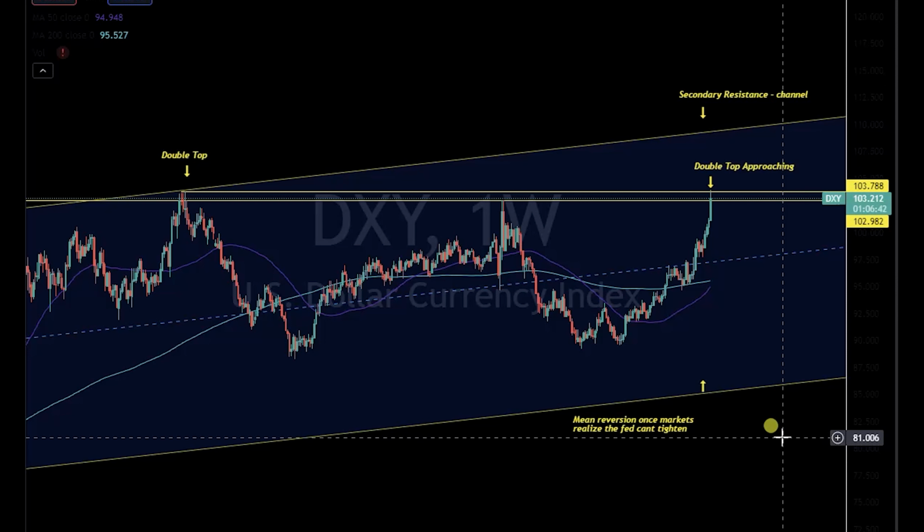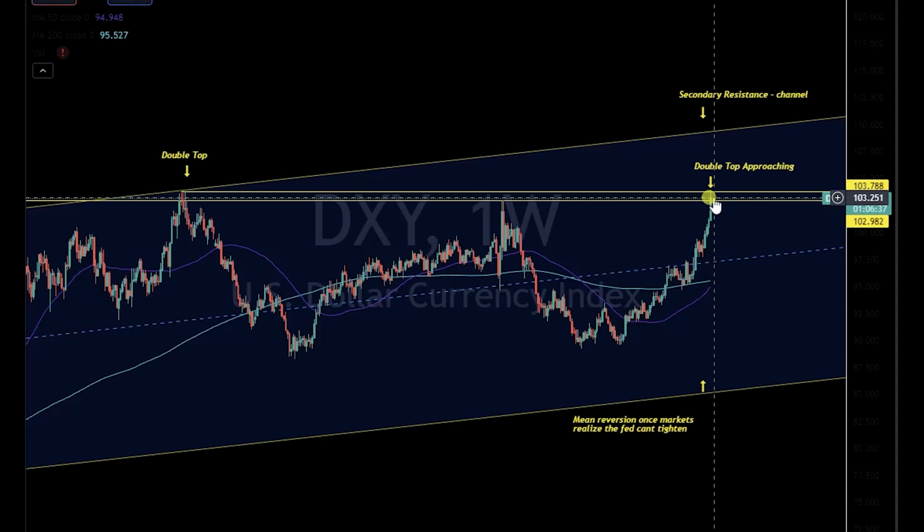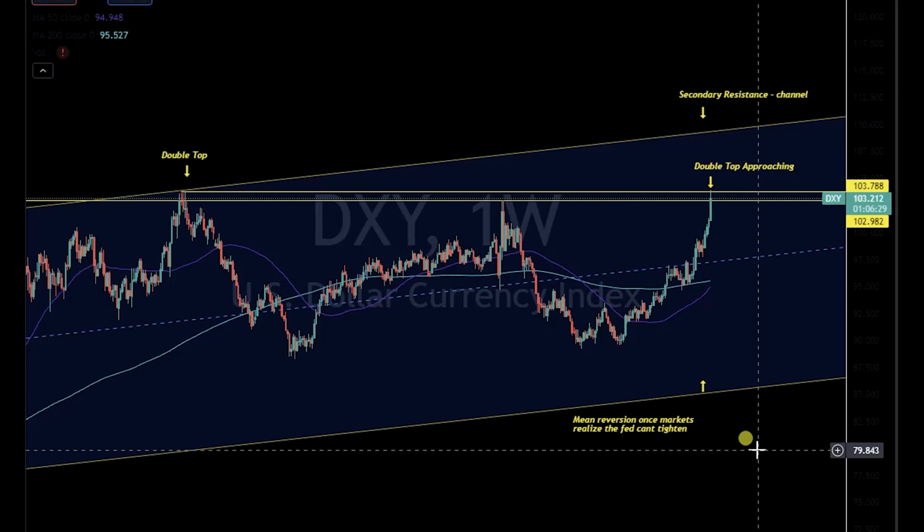We know this cycle is going to come to an end with the US dollar crashing. There's no way that this US dollar truly represents and should be at these highs when there was about 4.5 trillion less of the US dollars circulating in our financial system.